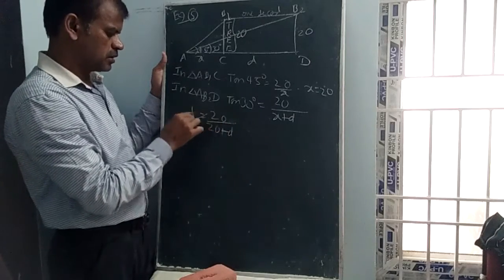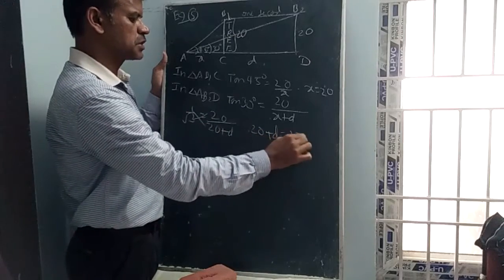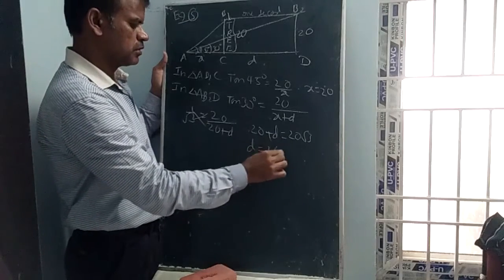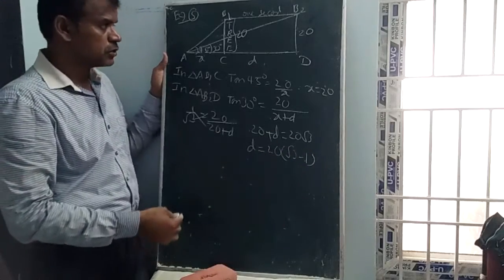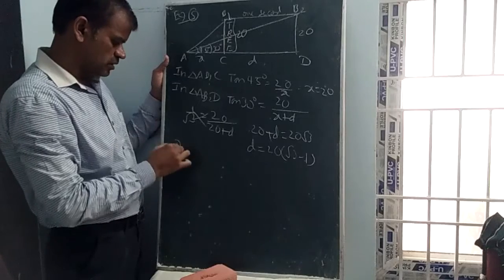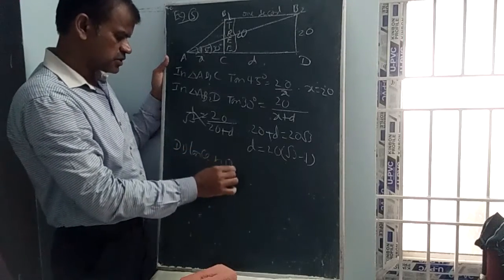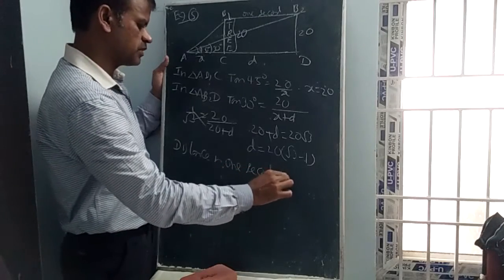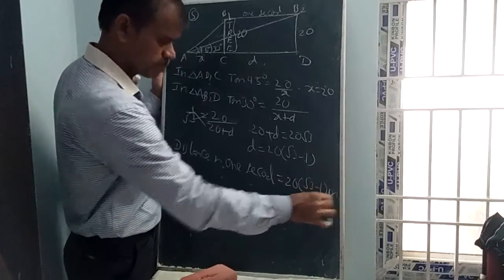Taking cross multiplication, 20 plus d is equal to 20 root 3. So d is equal to 20 into root 3 minus 1, taken common like this. So the distance traveled by the bird in 1 second is 20 into root 3 minus 1 meters.